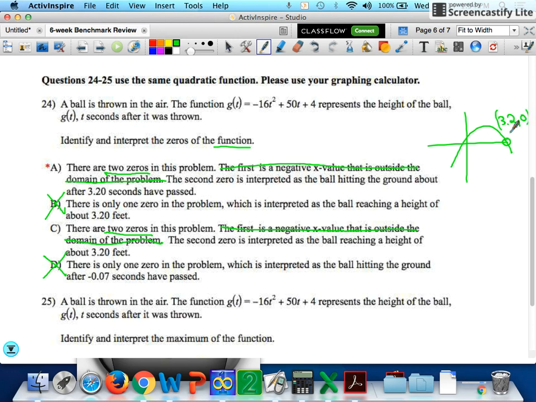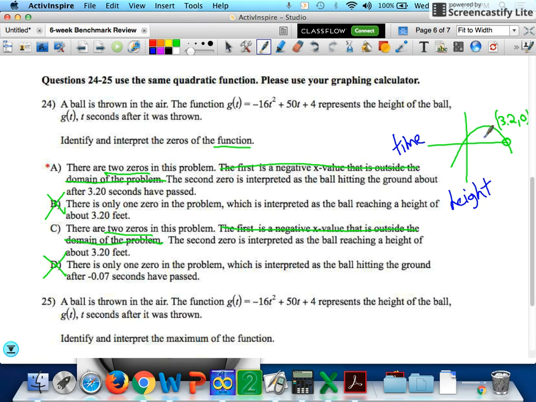And when it's asking you to interpret this, it's kind of asking you, what does each axis mean? With the way this function is written and the way all of these we've done so far, our x-axis is time, and our y-axis is height, okay? X-axis is time, y-axis is height.